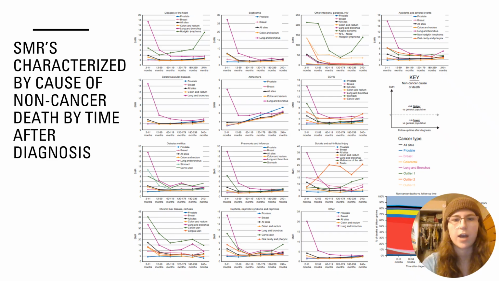And again, each graph is labeled by which type of death it is, and then the lines are the types of cancer.